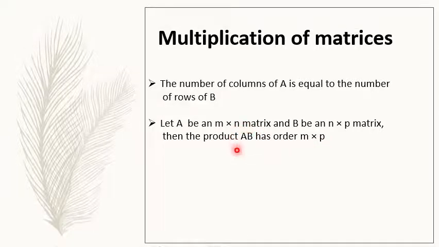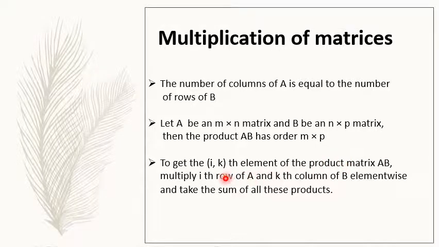That is, the number of rows in AB is equal to the number of rows in A, and the number of columns in AB is equal to the number of columns in B. So if A is m by n and B is n by p, then the product matrix AB has order m by p.